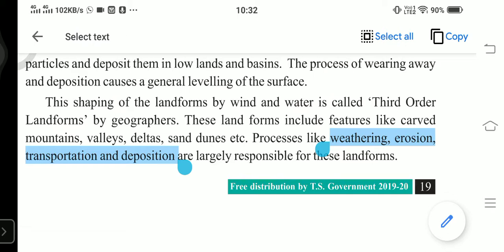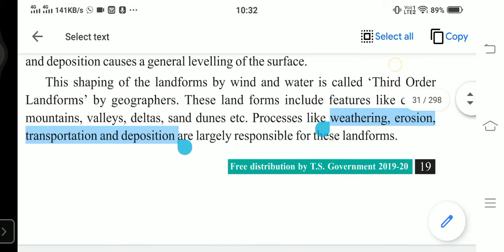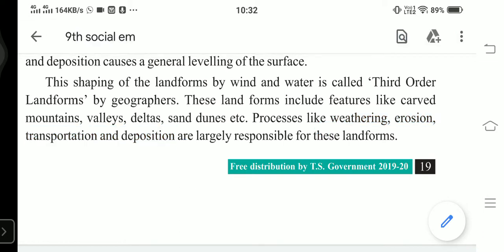These are the four stages we find in the denudation process. We call it a geomorphic cycle also because the existing landforms, that is second order of landforms, are going to change and turn into a new form of third order of landforms by the denudation process, in which several stages are there. Those are weathering, erosion, transportation, deposition.